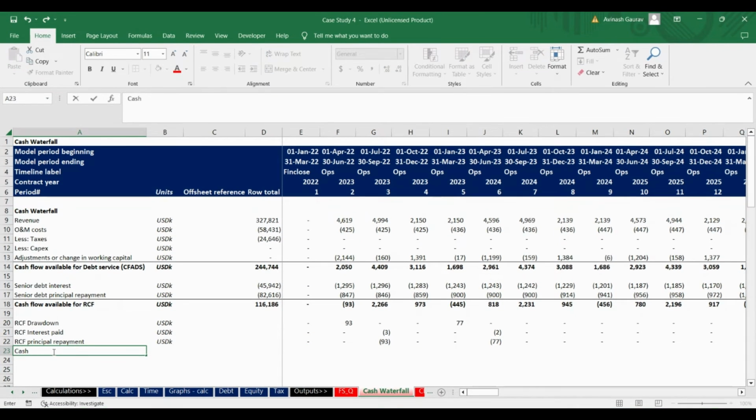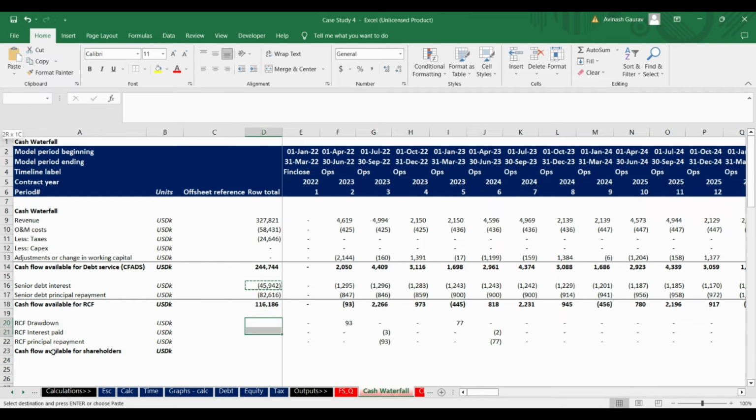Once you have paid for your junior loan or your RCF, and you don't have any other obligations to pay, then you can say cash flow available for shareholders. See, actually, in every model, the shareholders' priority always remains last, right?